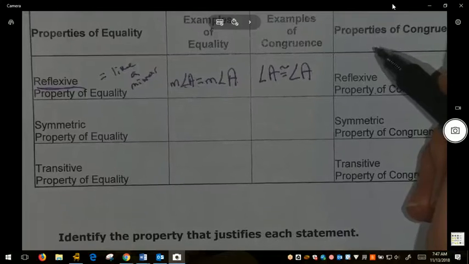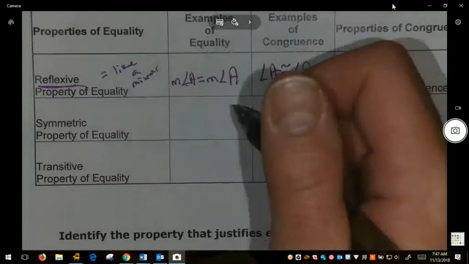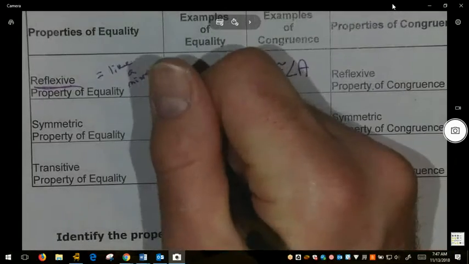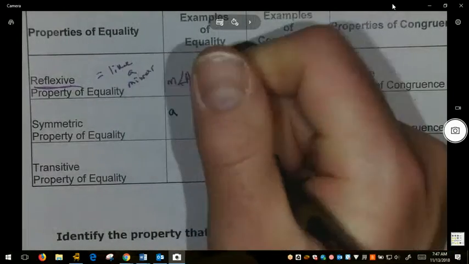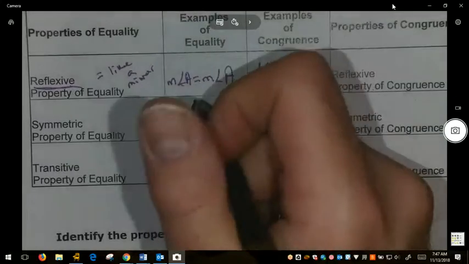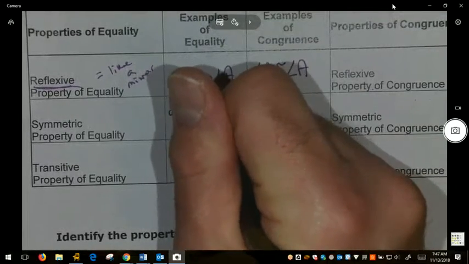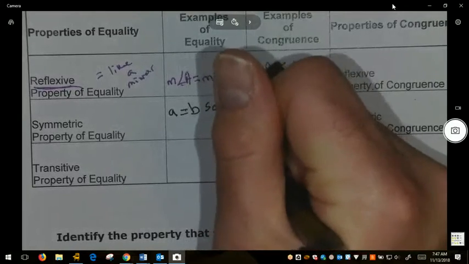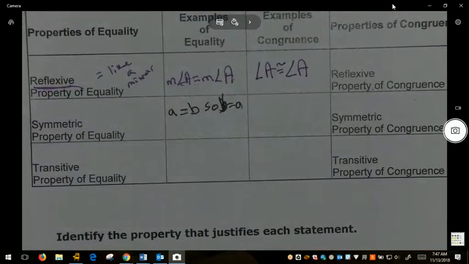Symmetric property of equality. This is sort of a little more like a reflection, but this is the same thing reflected across. A equals B, so B equals A. It's kind of like the commutative property, right? For addition and multiplication, it doesn't matter what order it's in, it says the same thing.